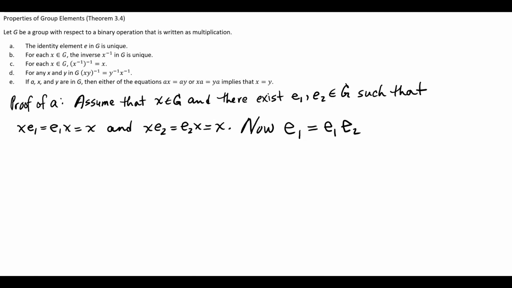But I also know that E1 times any element is going to give me back that element. So E1 times E2 also gives me E2. It just depends on which one you decide to choose to use as an identity. But it doesn't matter because you end up with these 2 elements being the same. So we've just proved that E1 is equal to E2.